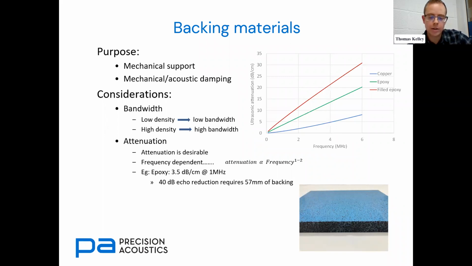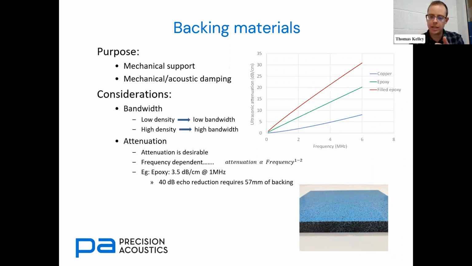But we also need to consider what happens to acoustic energy radiating into the backing material. Because a piezo element doesn't just radiate forward in the direction we want it to. You need to remember that it also radiates backwards into the backing. So if we don't select a backing material that can attenuate or absorb the energy, then this extra energy will resonate in the backing, and it can interfere with the signals we're trying to produce.